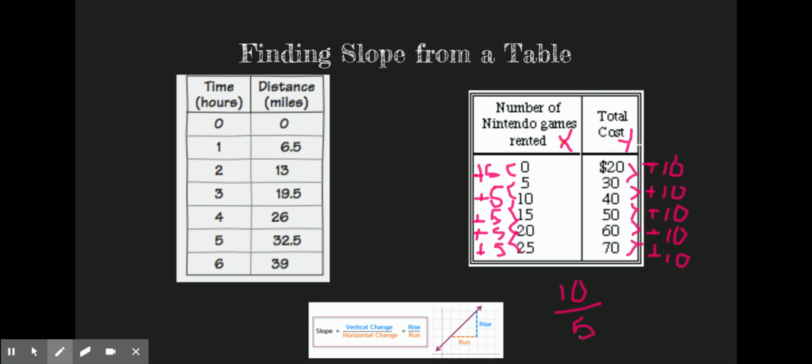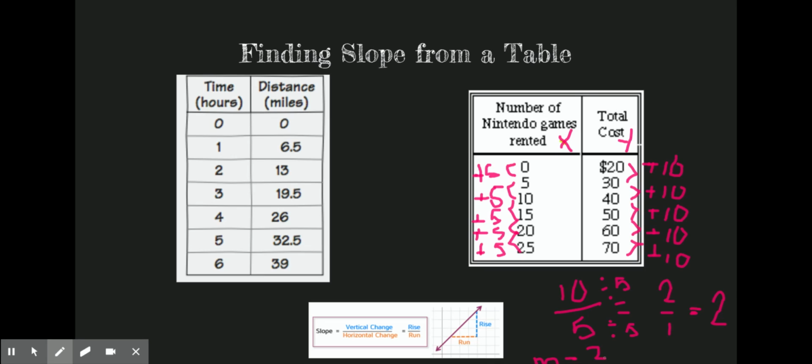Now, I have a change in y over a change in x, but I can simplify this ratio. I know that 10 can be divided by 5, so if I divide both by 5, I end up with 2 over 1, or simply a slope of 2. Okay? So in this case, m is going to equal 2.